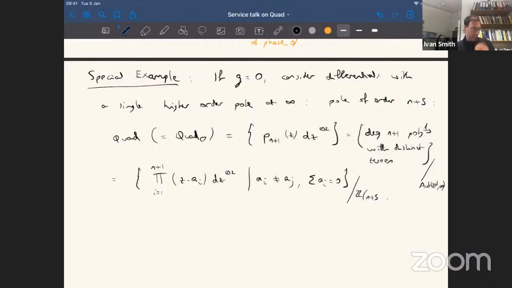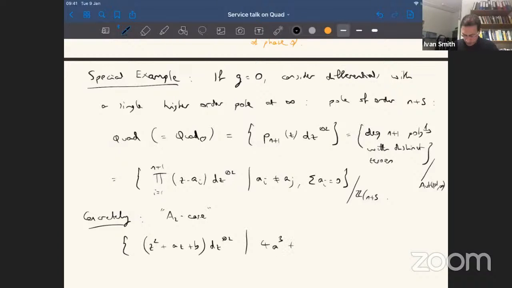Even more concretely, a model that Tom often uses in maybe the simplest case, which is called the A2 case, we end up studying the space of differentials of the form (z squared plus az plus b) dz squared, where the condition becomes a standard discriminant condition that 4a cubed plus 27b squared is non-zero.